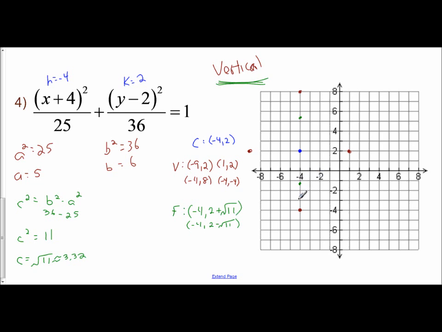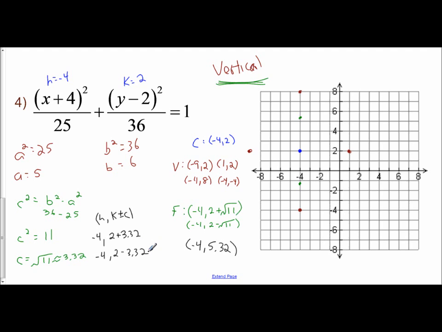There are my foci. If you want to use the formula, it was h comma k plus or minus c to get the coordinates. So my h doesn't change, it's negative 4, and I would do my k value, which is 2, plus 3.32, which gives me negative 4 comma 5.32, and I would do negative 4 comma 2 minus 3.32.